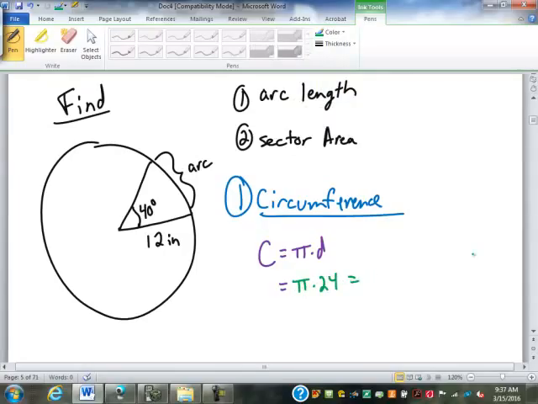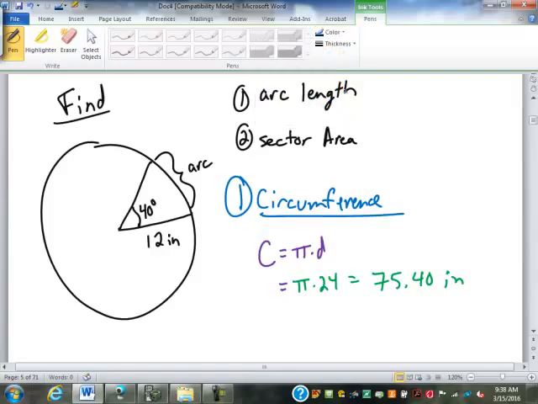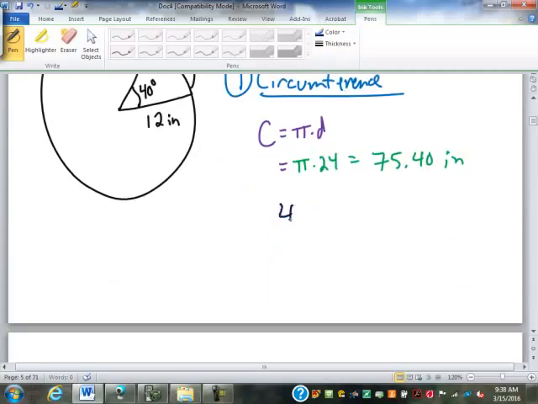Otherwise known as 75.40, about. Now what? Yeah, it's 40 over 360 is equal to that arc length over 75.40.